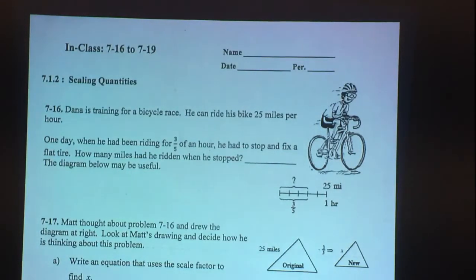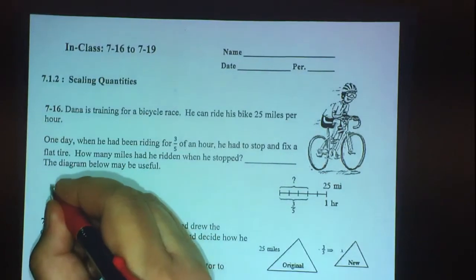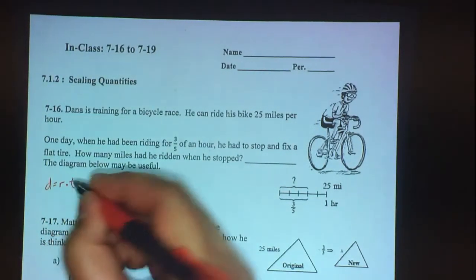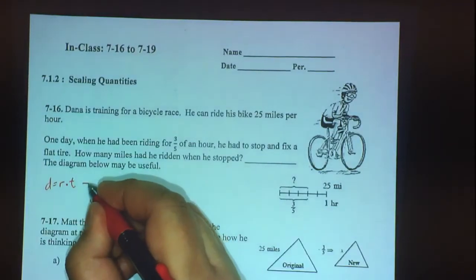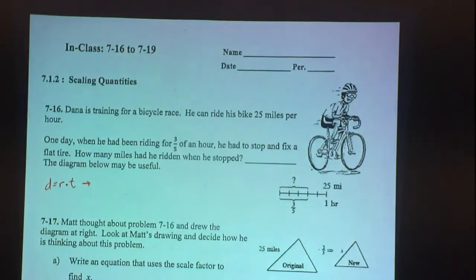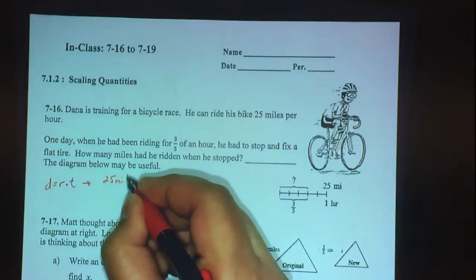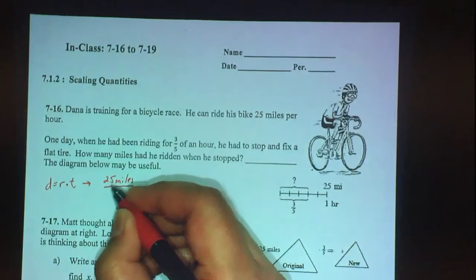Okay, so let's review from yesterday's lesson where we had distance equals rate times time. So we don't know the distance, but we know the rate, which is his speed, which is 25 miles per hour.